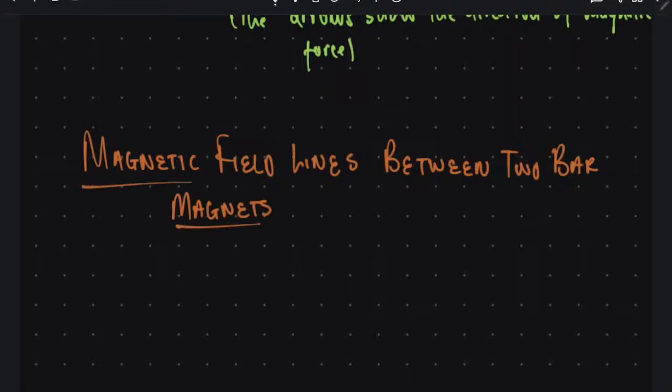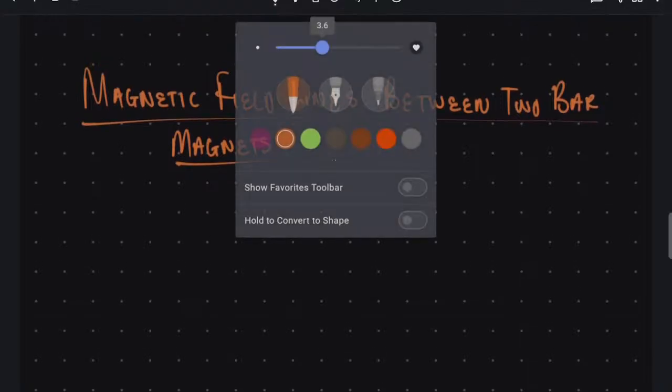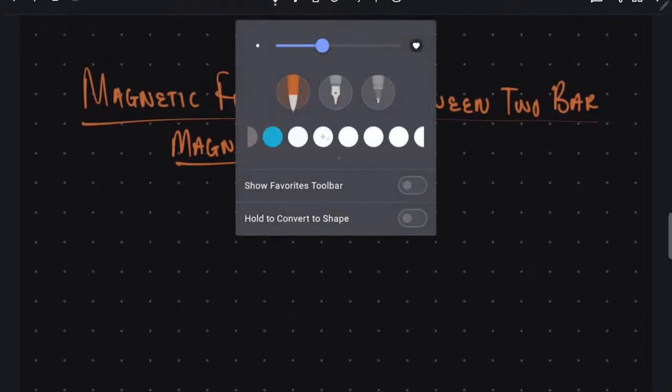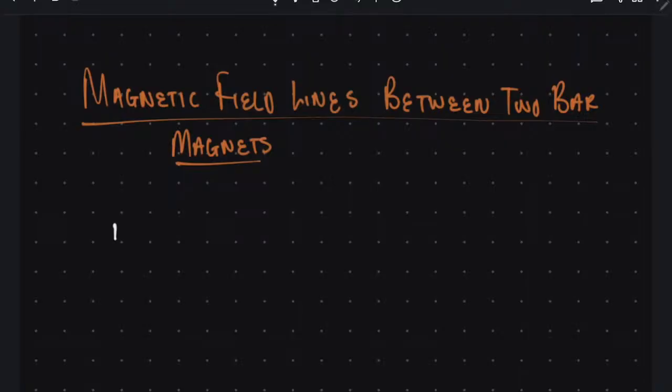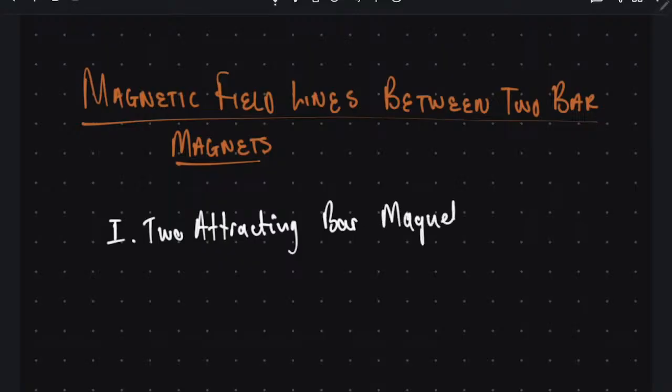When you have 2 bar magnets, what type of field lines do you have? How do you draw? You should be able to draw this. Number 1, 2 attracting bar magnets. How do we draw field lines between 2 bar magnets that are attracting each other?